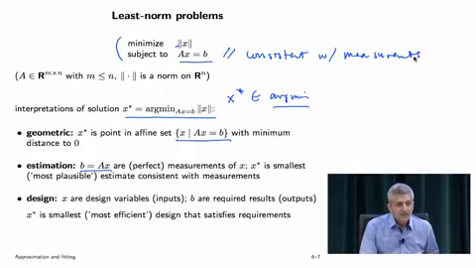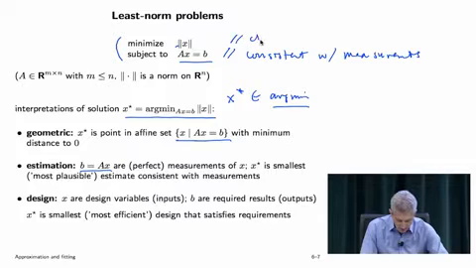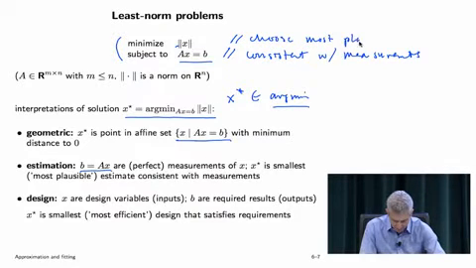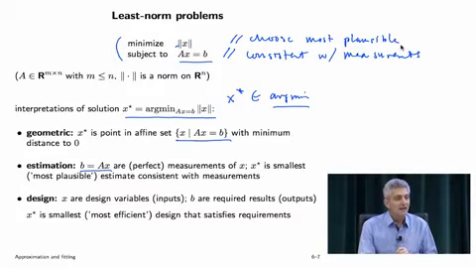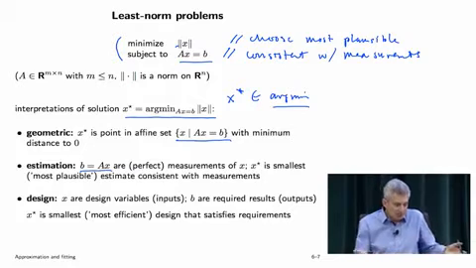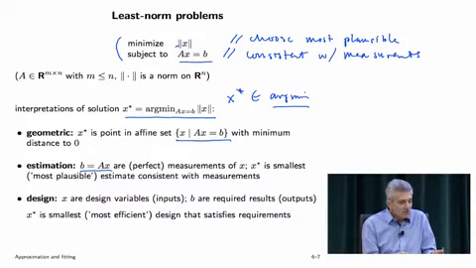And then the interpretation of minimizing the norm is you then choose the most plausible point, right? And implicit here is the idea that the larger x is, the less plausible it is. In other words, you're in some situation where there are many parameter values consistent with the measurements.